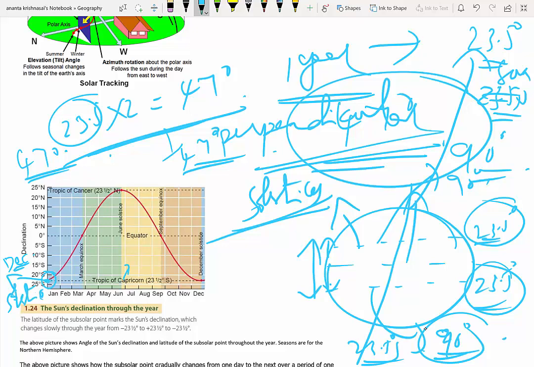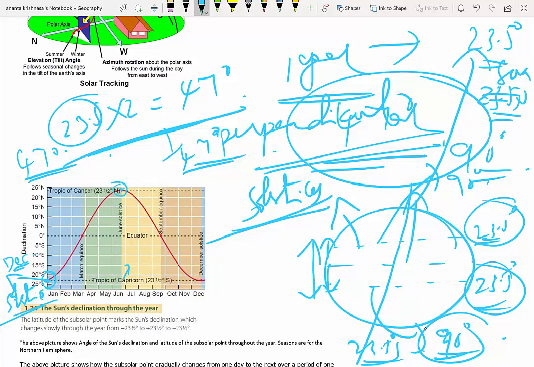On this day of December solstice, any location on the Tropic of Capricorn finds the sun overhead, and from this point the solar declination starts changing. You observe that during the December solstice, when the South Pole is angled 23.5 degrees towards the sun, the subsolar point starts changing its course, and on the day of the June solstice, it reaches the Tropic of Cancer.